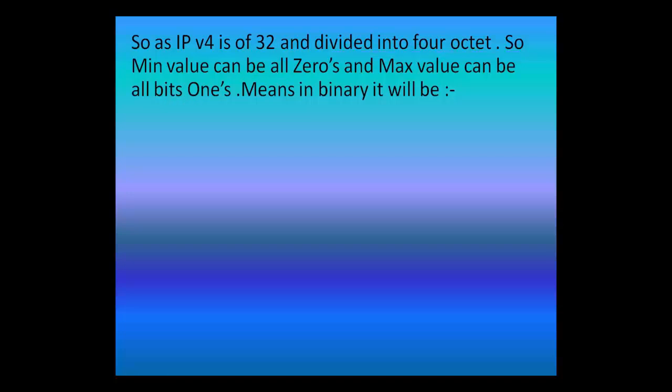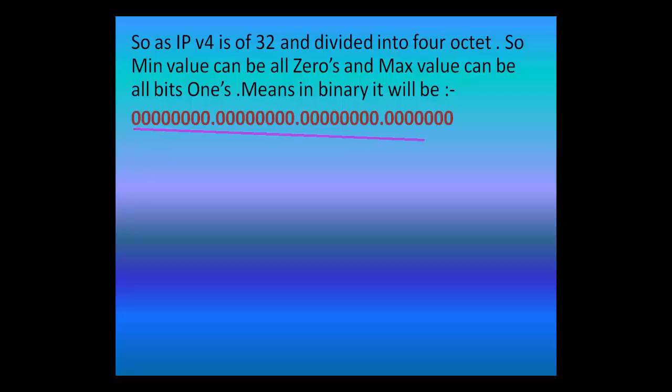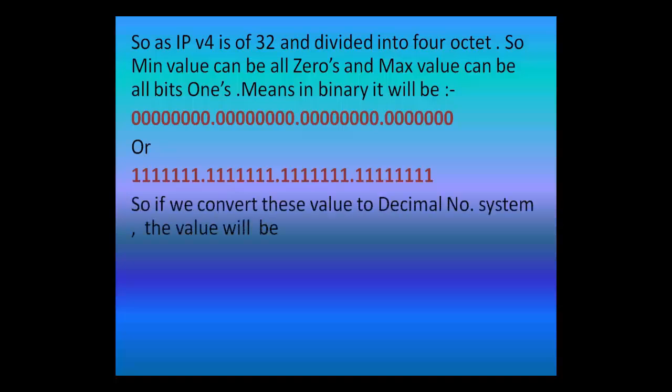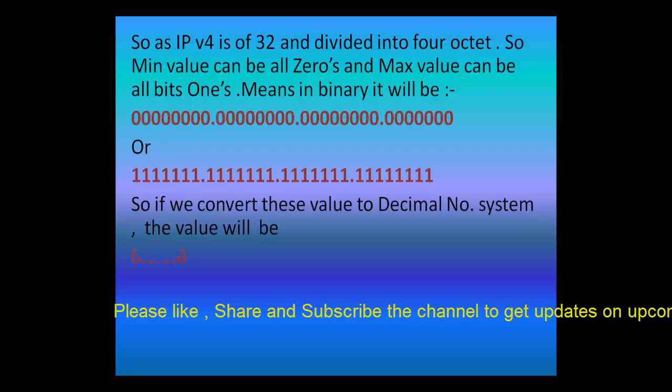What does it mean? What can be the minimum IP? All zeros in an IP. And what can be the maximum? 1, 1, 1, 1, 1, 1. All 1 means all 32 ones. So what can be the minimum to maximum value when we convert it into the decimal number system for our easiness?